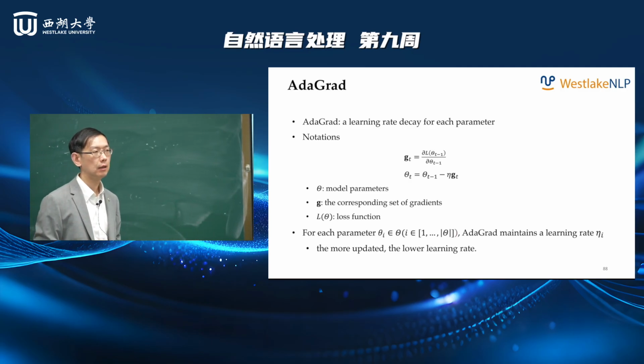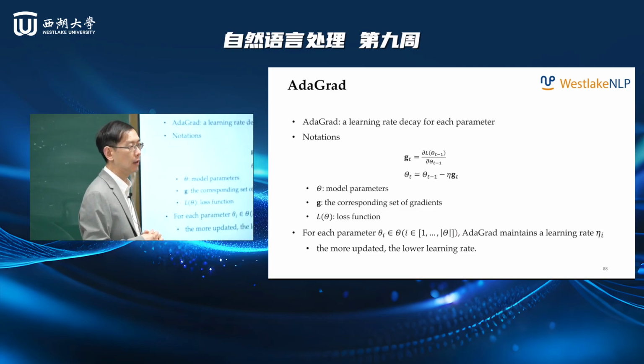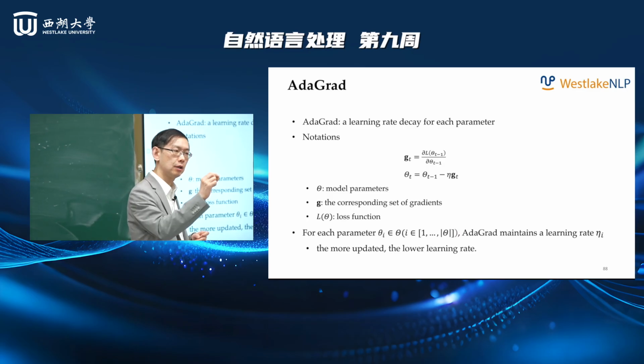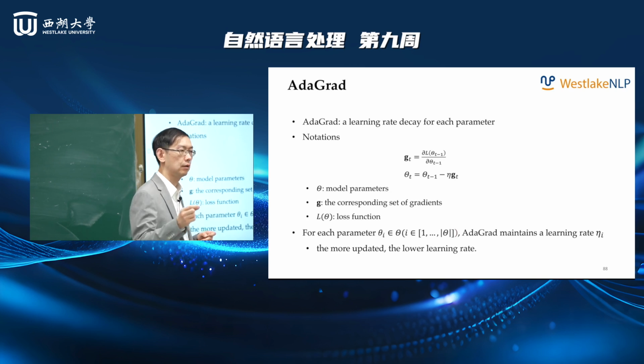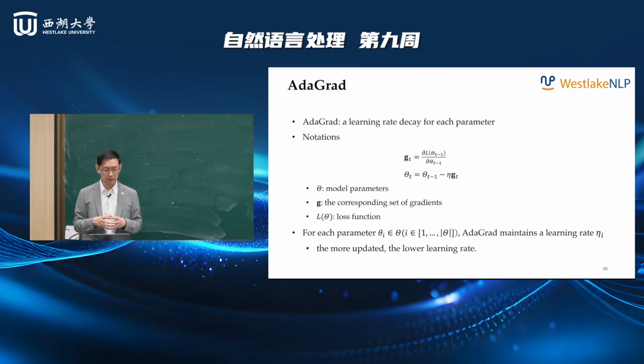I treat every parameter equally. But when you train a neural network, some parameters might converge faster. Other parameters might need more adjustment. So can we set a separate learning rate for each model parameter differently?